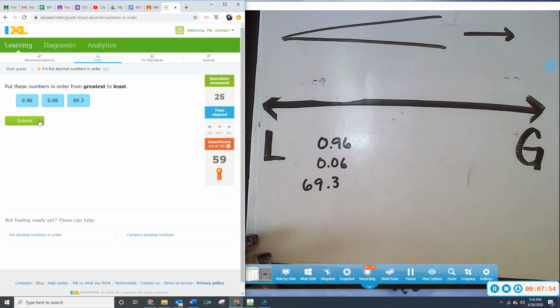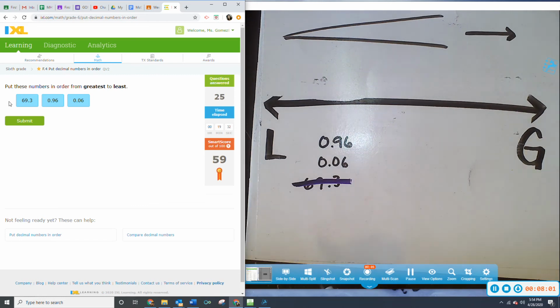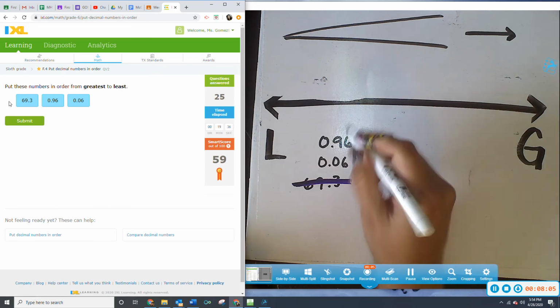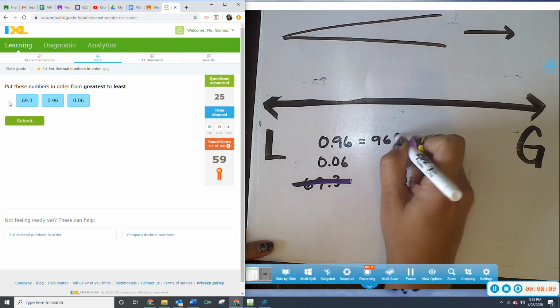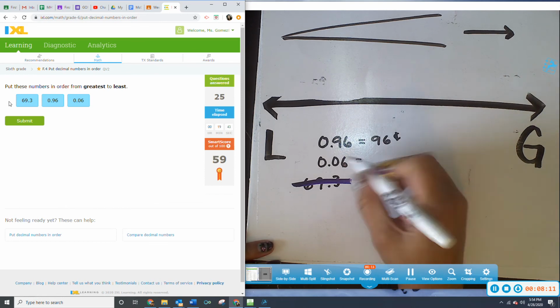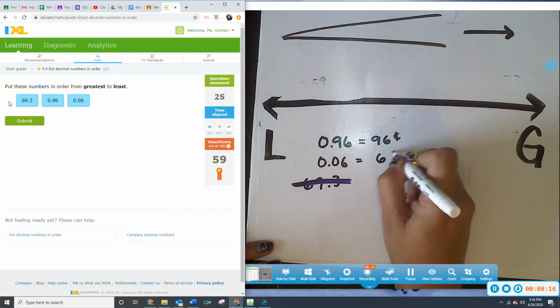Obviously, the largest number is 69.3 because the other two do not have anything in the ones place. Now, remember, change this into money. If that's $0, that means that I have 96 cents and nothing in the tenths place, so that's just 6 cents.